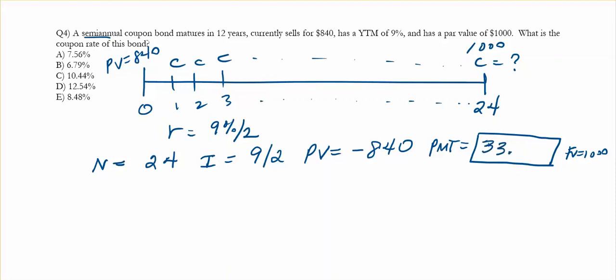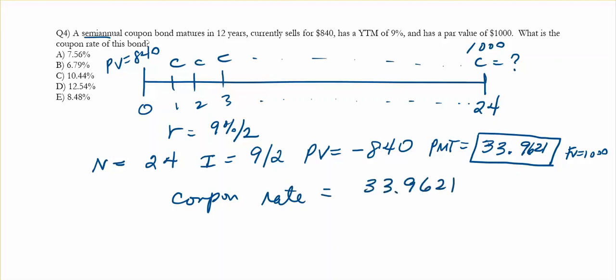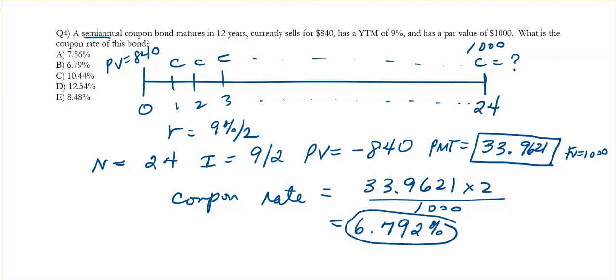That's 33.9621. Then the coupon rate would be twice that divided by the par value, giving us 6.792%, and we see there's that answer in B.